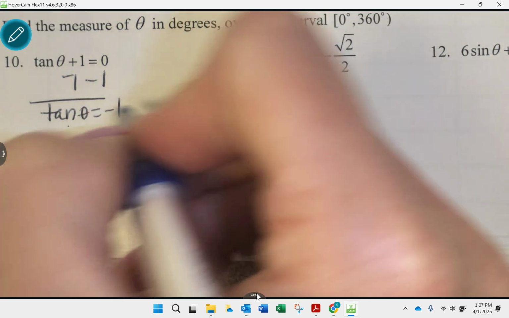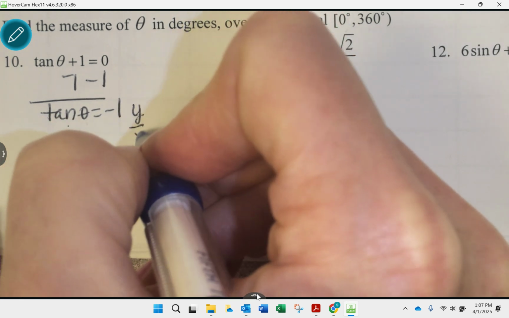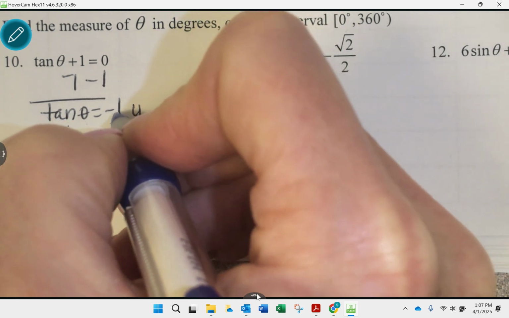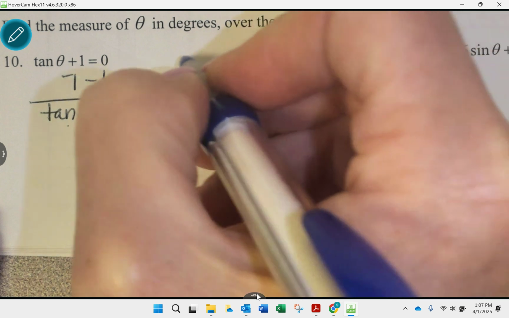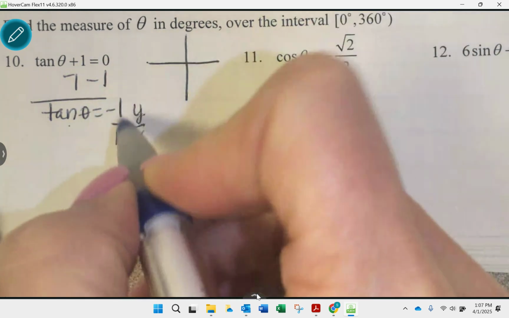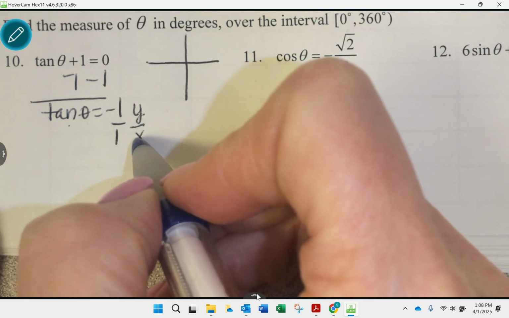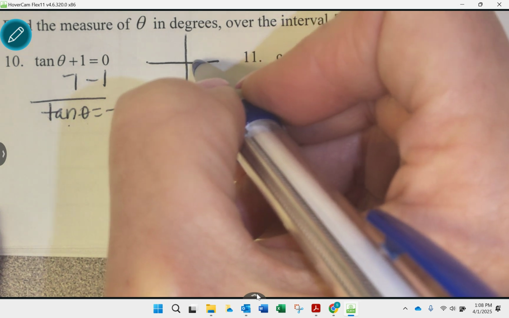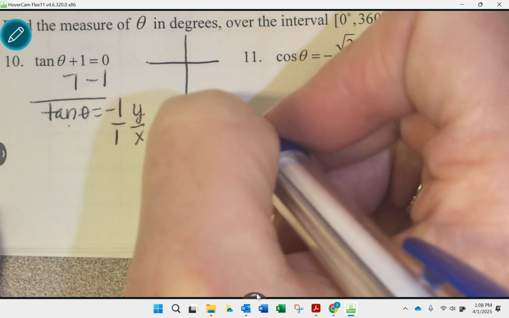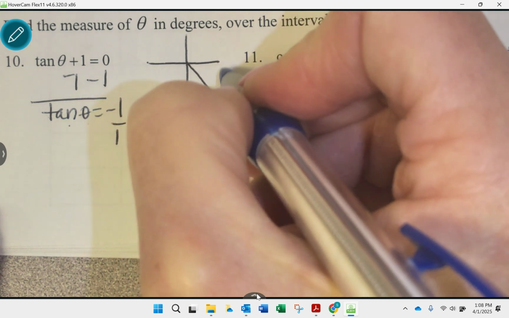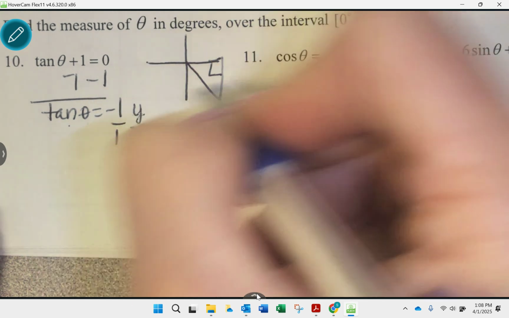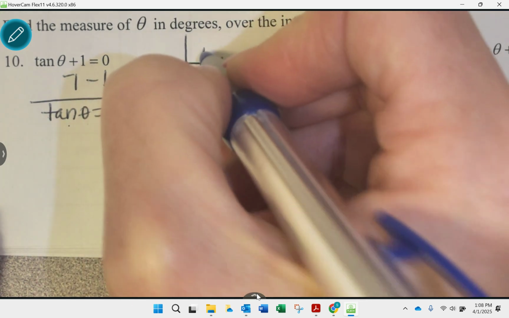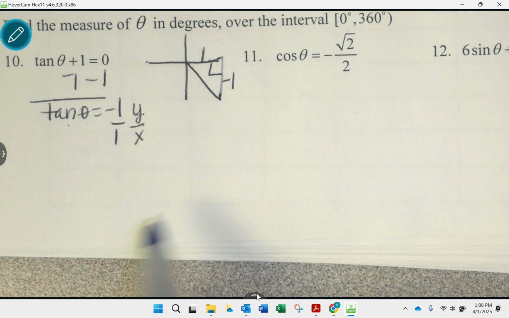So we know tangent is y over x. If there's no number under here, it's automatically a 1. Which quadrant would the point 1, -1 go into? Over 1, down 1, quadrant 4. So we're going to have y is -1, x is +1.